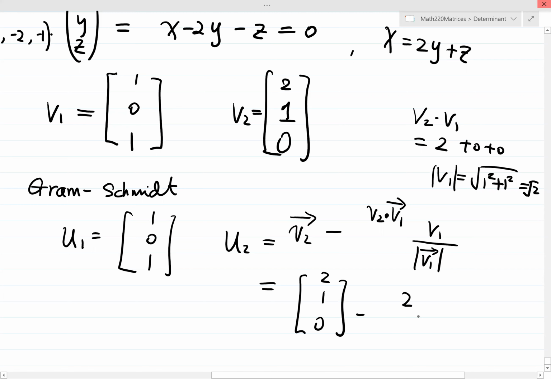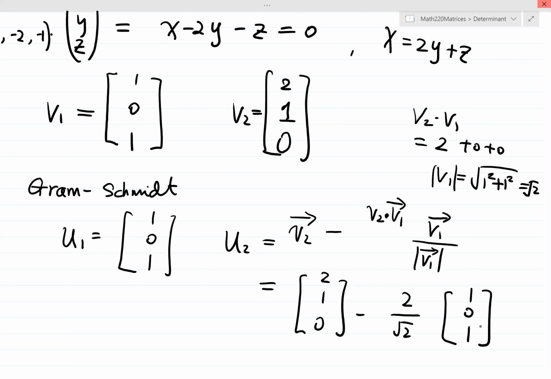subtract twice over root 2 times v1, which is (1, 0, 1). Okay, this is not what I want.